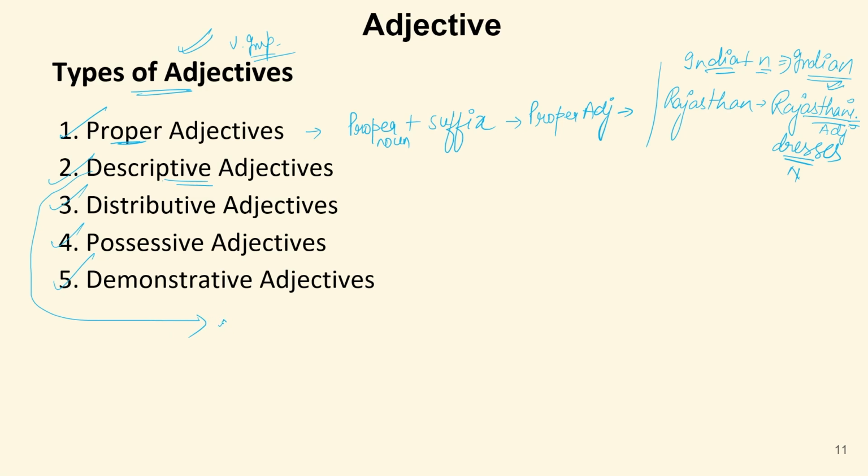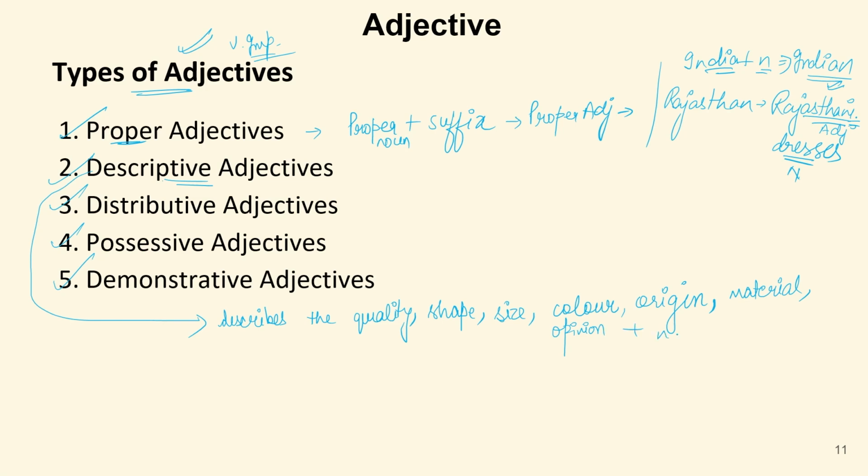Whenever an adjective describes the quality, shape, size, color, origin, material, opinion of a noun or pronoun, it is known as descriptive adjective.